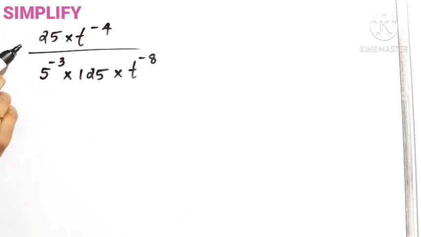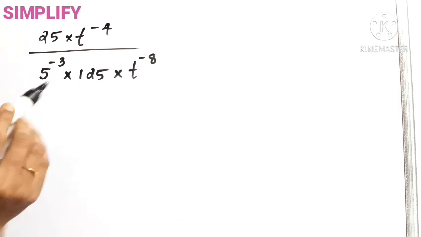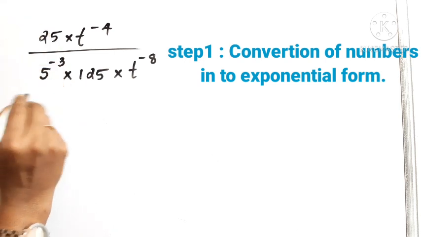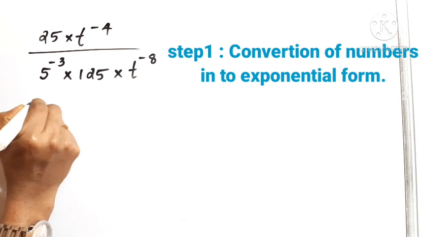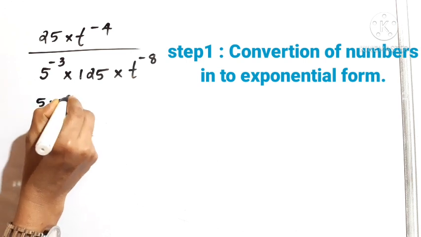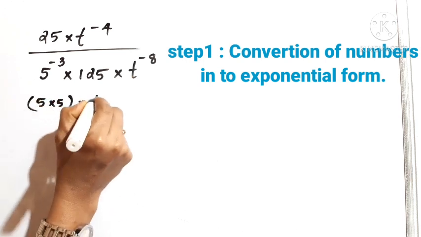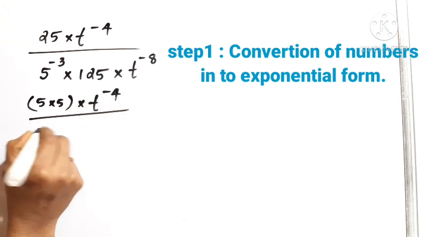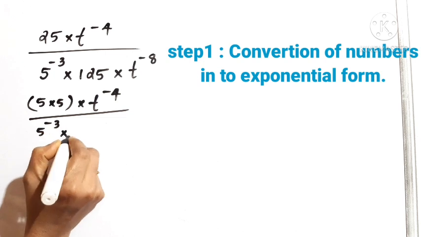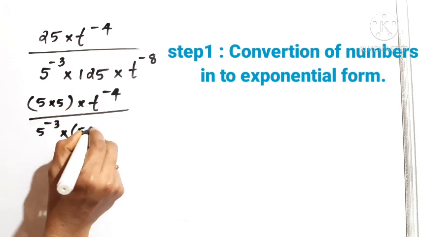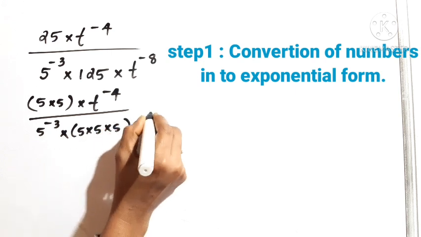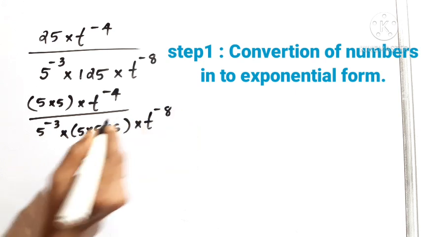First we should convert 25 and 125 into exponential form. Prime factorization, familiar, no? See, children, 25 equals 5 into 5, no? Into t^(-4), right? All divided by 5^(-3) into, what about 125? Yes, 5 into 5 into 5 into t^(-8).